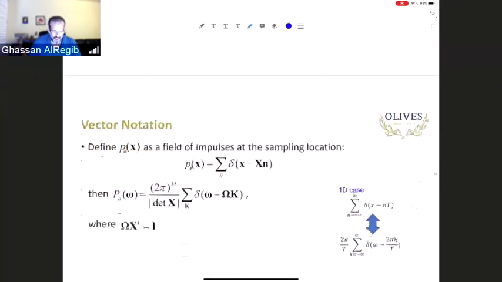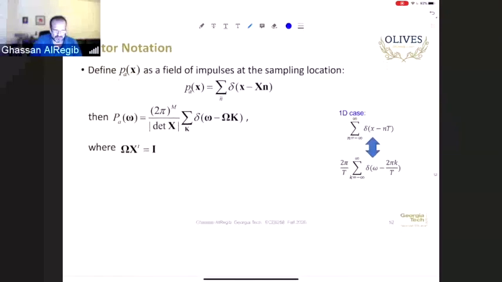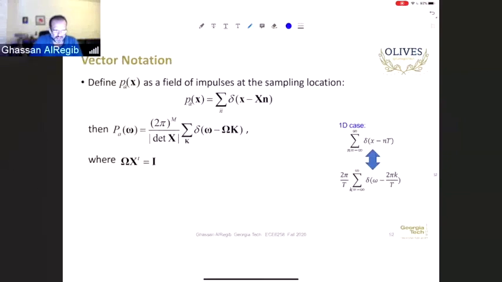So now we can define this p of X, which is p of X and Y. This field of impulses is nothing but deltas that are shifted all around the two-dimensional space. But that shifting is controlled by our sampling matrix, capital X. Remember capital X is X11, X12, X21, and X22.